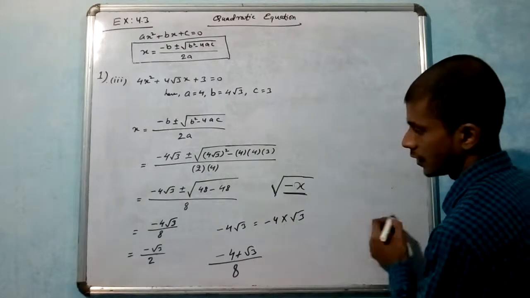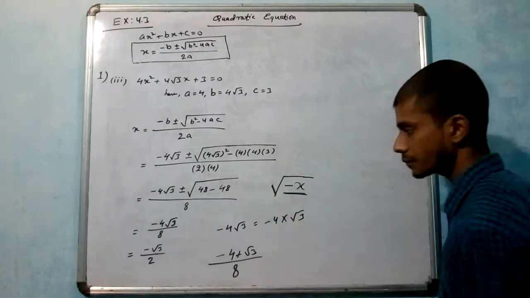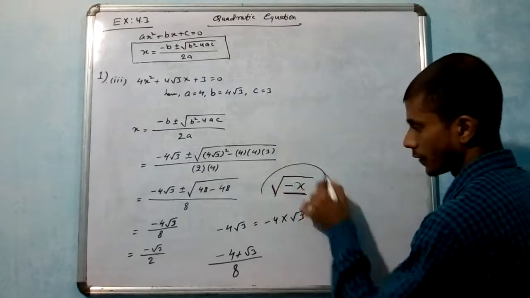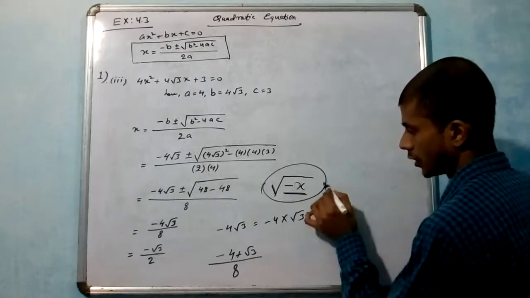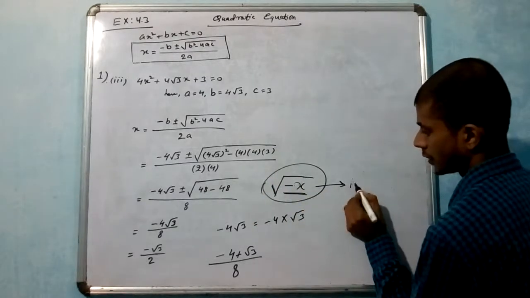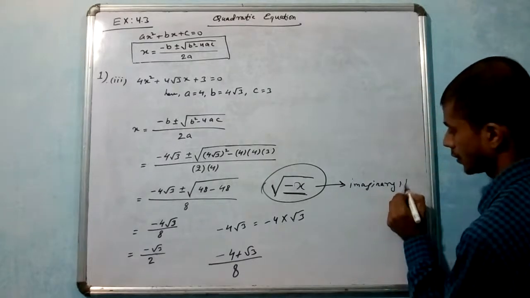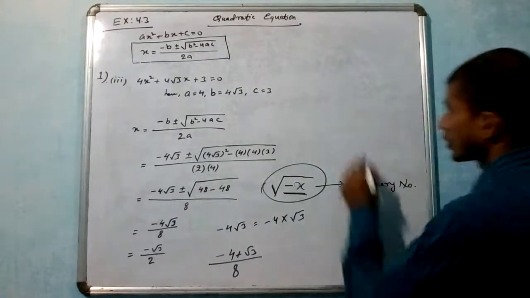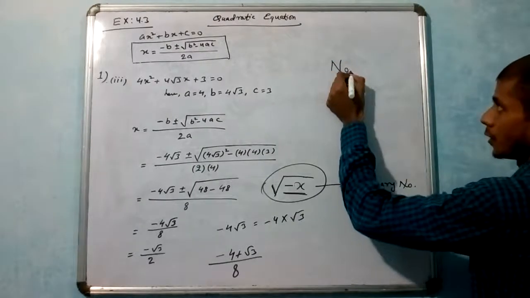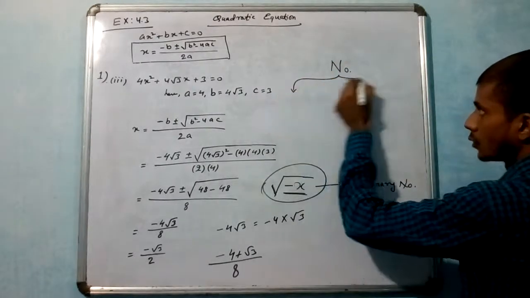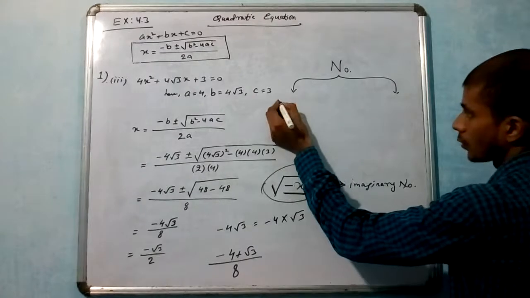This minus x is lesser than 0. So this value actually will lead you to an imaginary number.